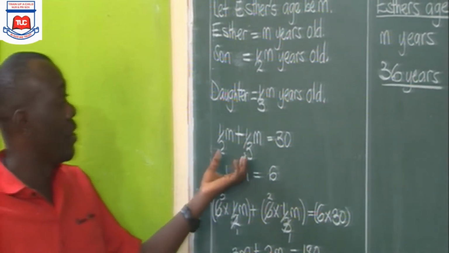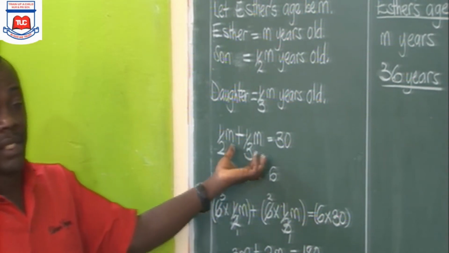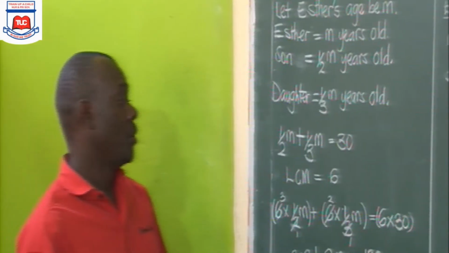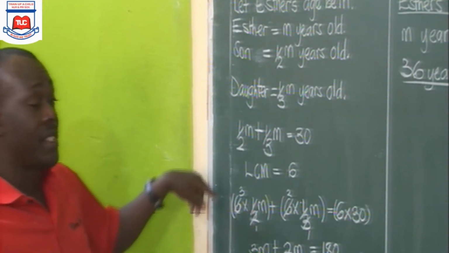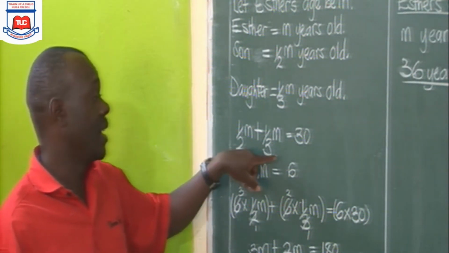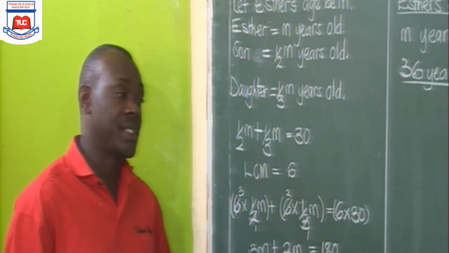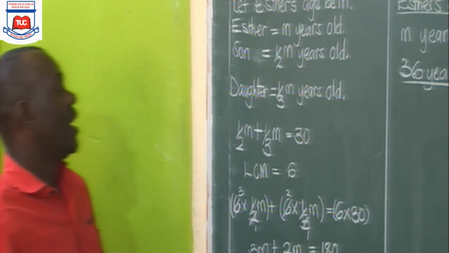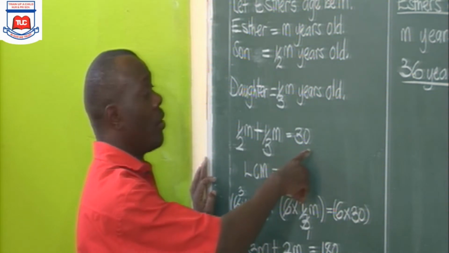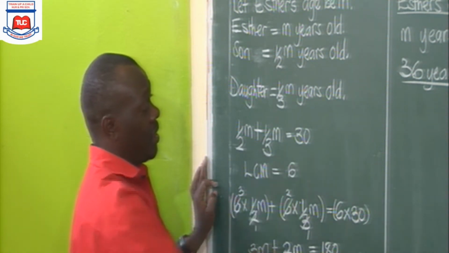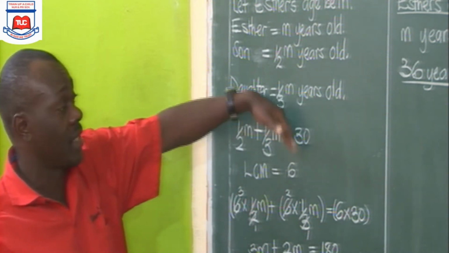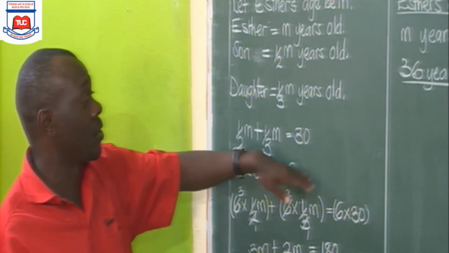Now with an equation like this we have formed, this is the way we deal with it. The first thing is to look at the denominators, that is 3 and 2, as well as 1. Any whole number can be written as a fraction out of 1.